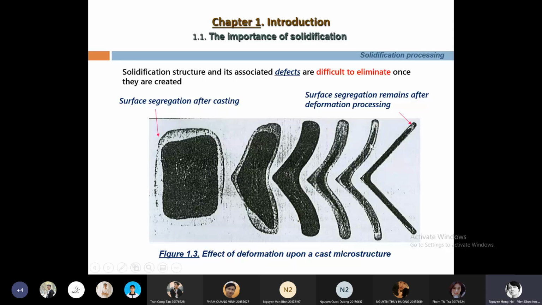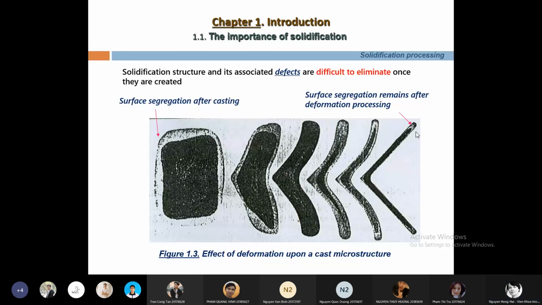After deformation, a lot of steps of the deformation processing, but see, the defect, the surface segregation, remains. Cannot be eliminated. So it's very difficult to eliminate the defect once they are formed.